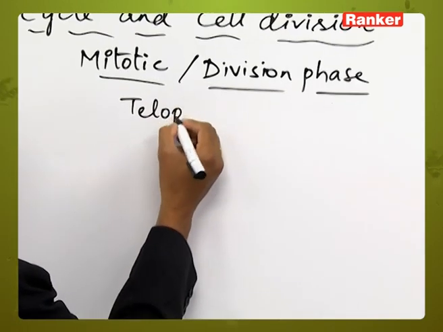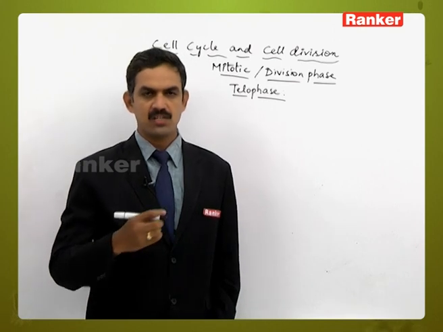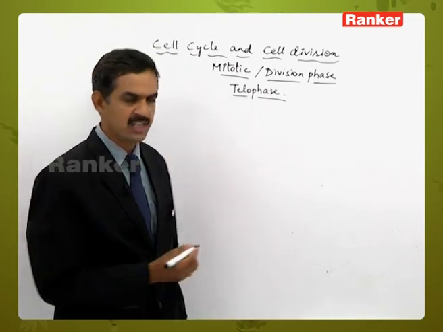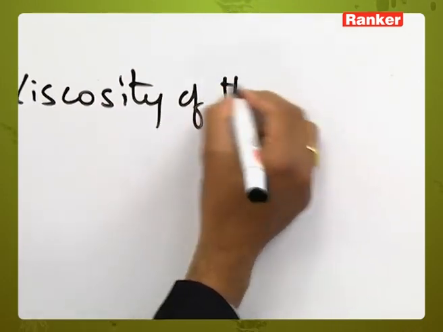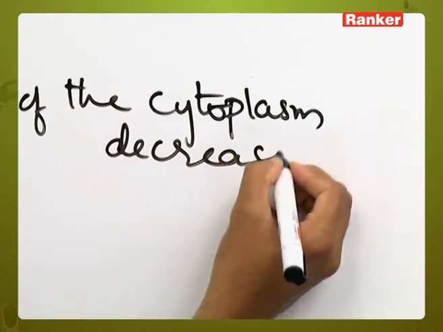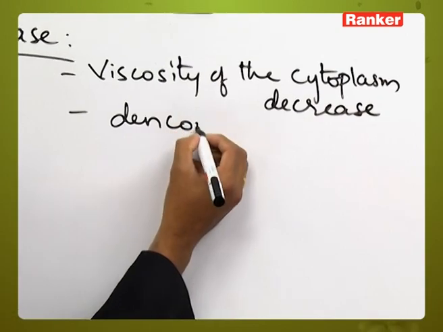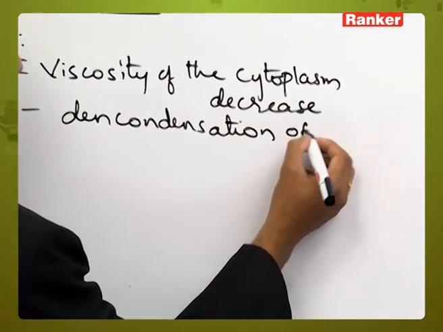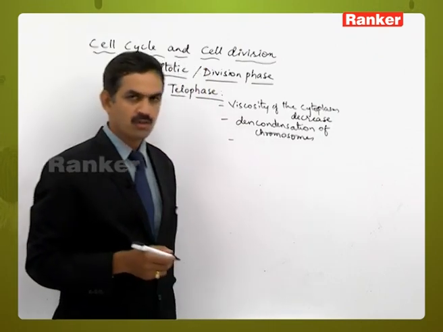Next, the last stage is the telophase. Telophase is a stage where all the changes taking place are opposite to the changes that took place during the prophase stage. Here the viscosity of the cytoplasm will decrease, and the decondensation of the chromosomes, that is, uncoiling of the chromosomes, will take place.